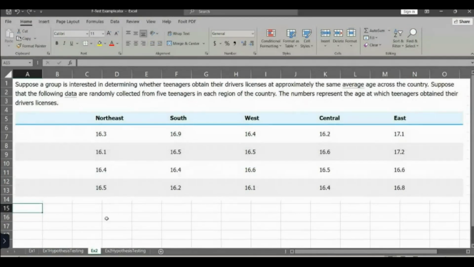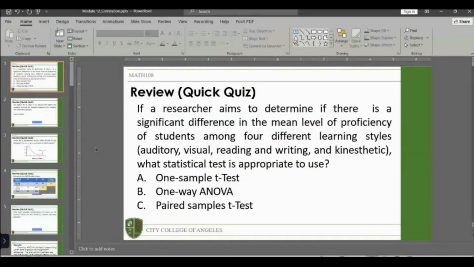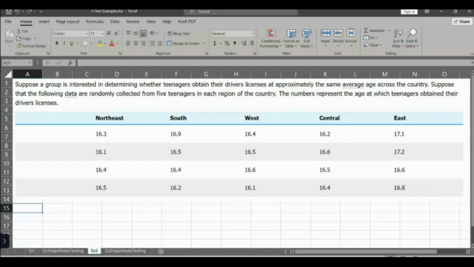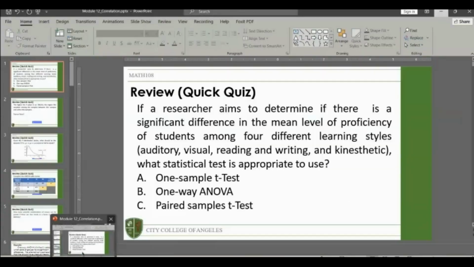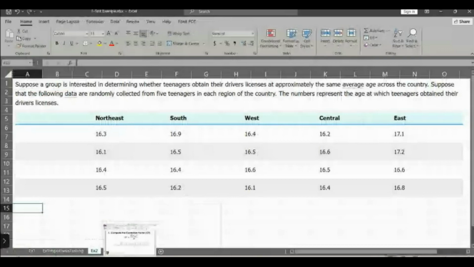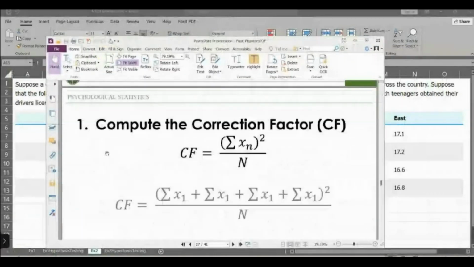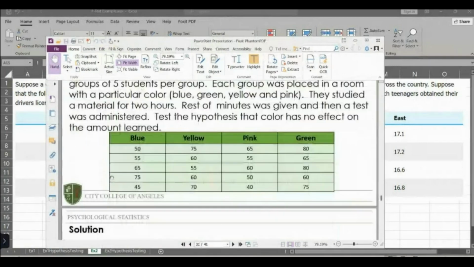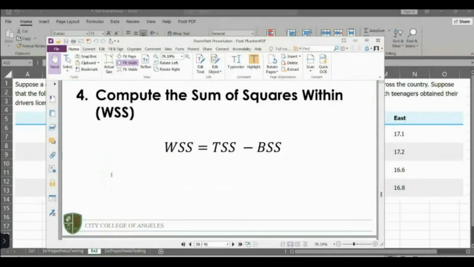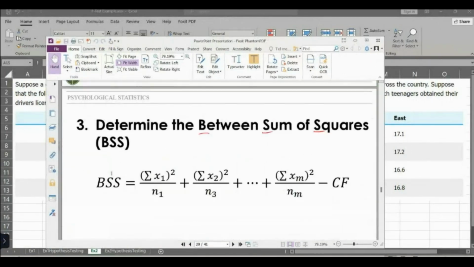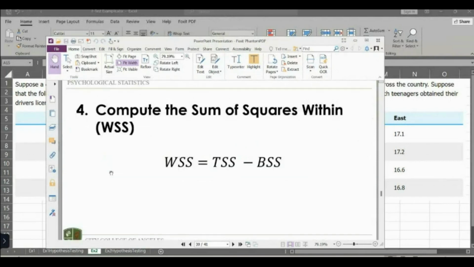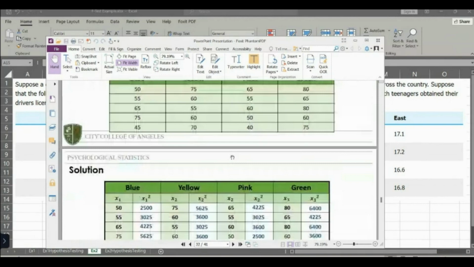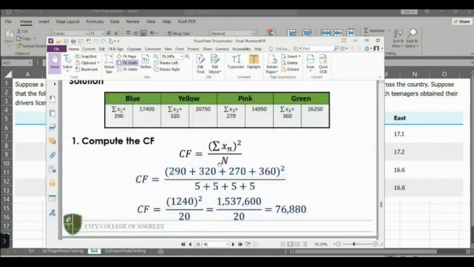So going back to our presentation here, we have actually how many steps? One, two, three, four. There are four steps, no? Plus, after accomplishing these steps, we need to accomplish the ANOVA table.